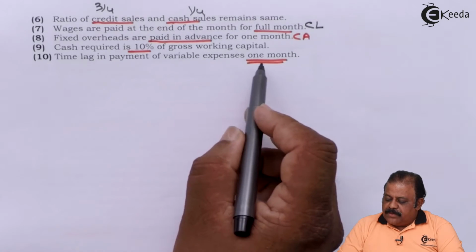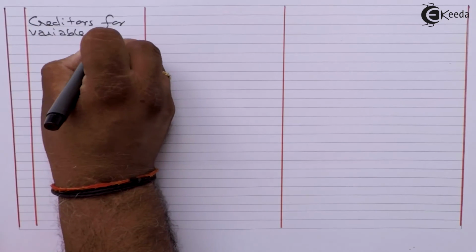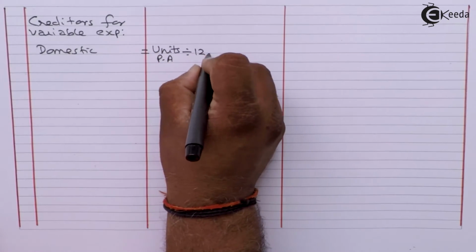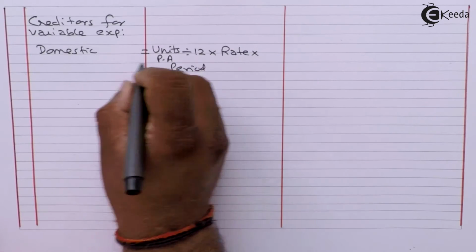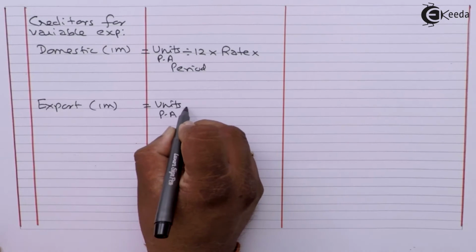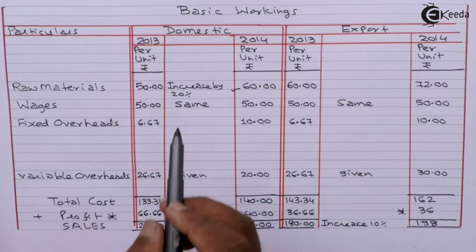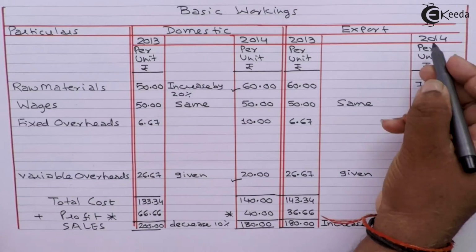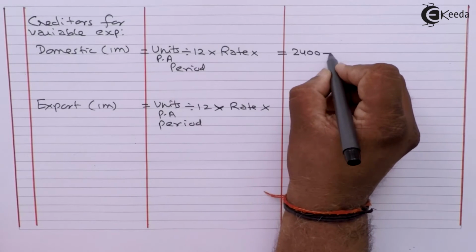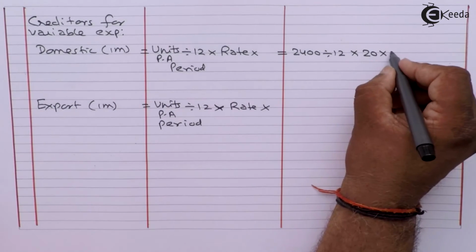Time lag in payment of variable expenses is 1 month. Variable overheads in case of domestic market 20 rupees, and in case of export market 30 rupees. Units per annum 2400 divided by 12 multiplied by rate 20 rupees multiplied by period of credit 1 month.